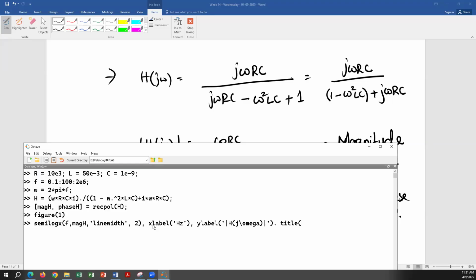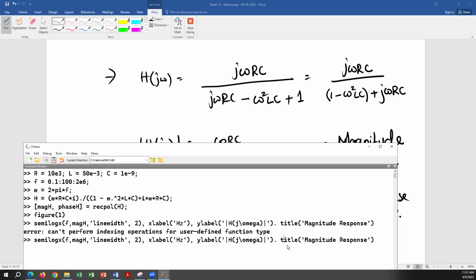And title is magnitude response. Okay. Oh, put period instead of comma. And let me also activate grid and tighten up the axis.